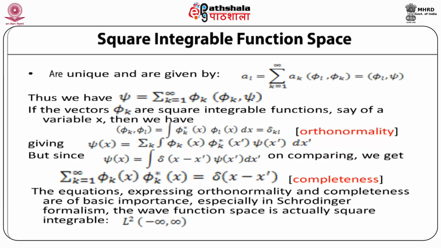Here delta x minus x prime is equal to 1 for x equal to x prime and is equal to 0 otherwise. The equations defined above, which express the orthonormality and the completeness conditions, are of basic importance, especially in Schrödinger formalism, with the wave function space being actually square integrable, that is L square within brackets minus infinity comma infinity.